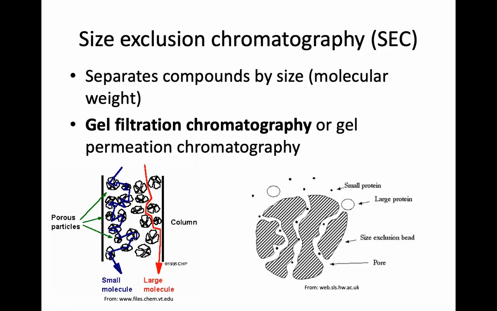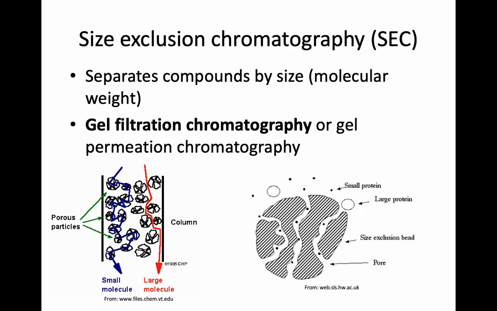Okay, so today, which is basically the objective of this lab, we're going to use size exclusion chromatography, and specifically gel filtration chromatography. In gel filtration and size exclusion chromatography, the idea is that we can separate compounds based on their molecular weight, based on molecular size.